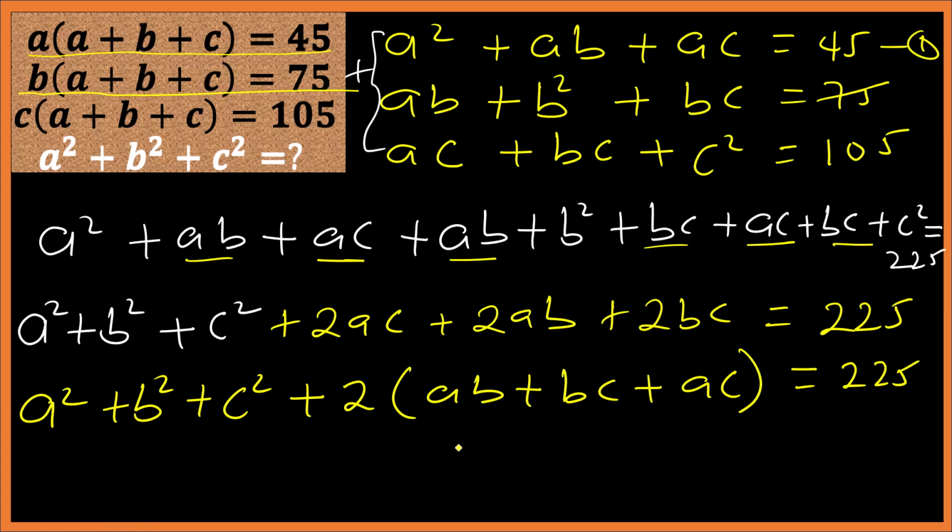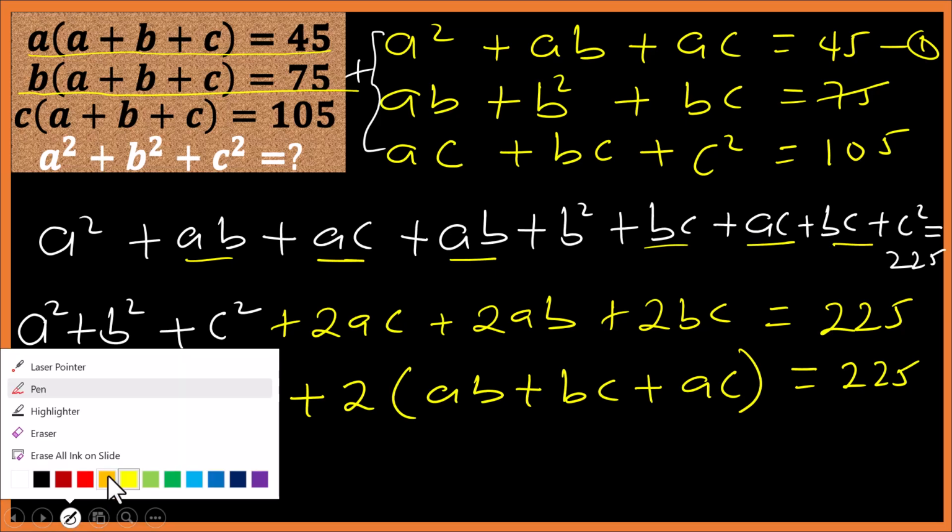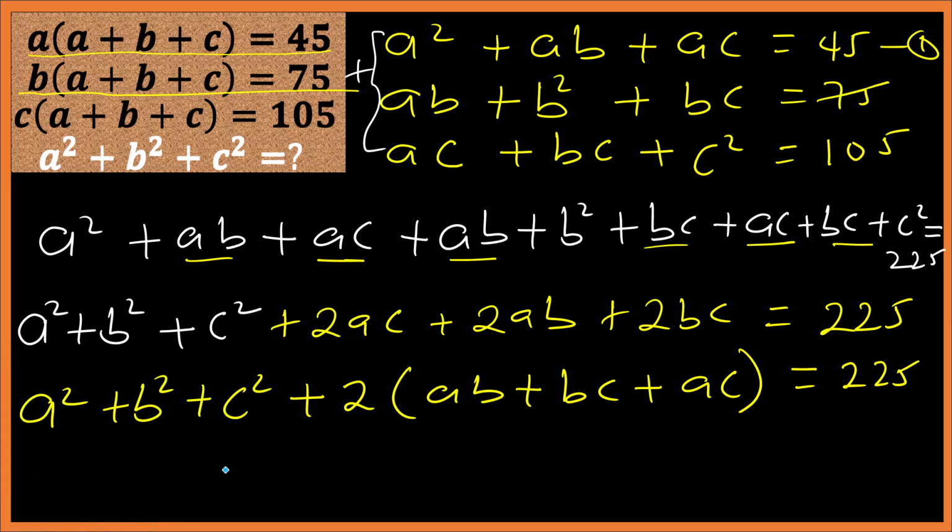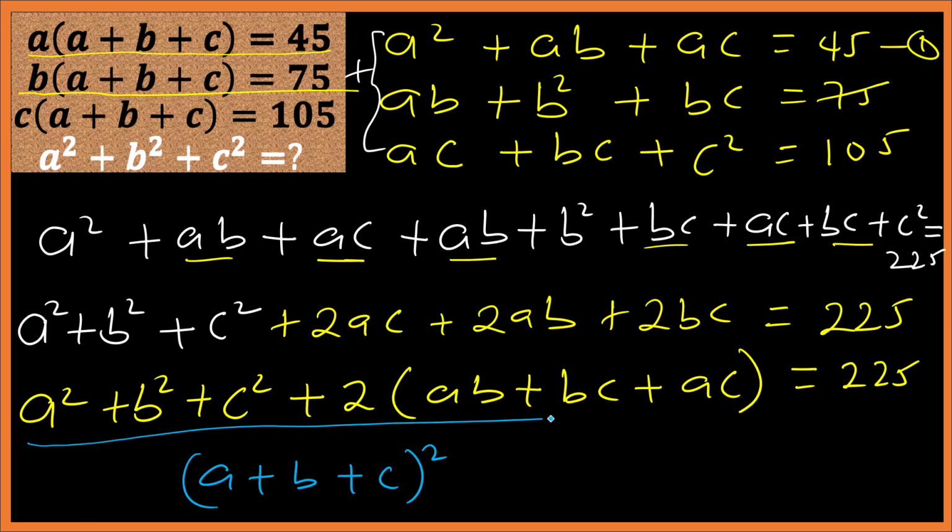Okay, now when you are given a plus b plus c squared, you are going to get everything here. It means that this one squared will give us this, and therefore we need to balance it.